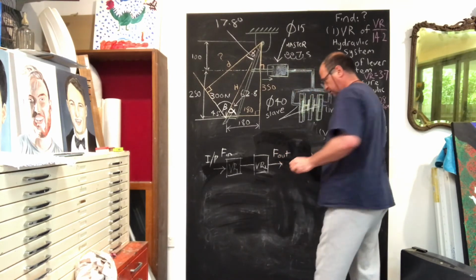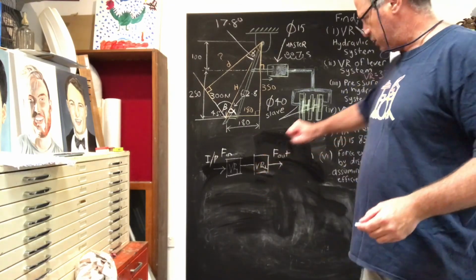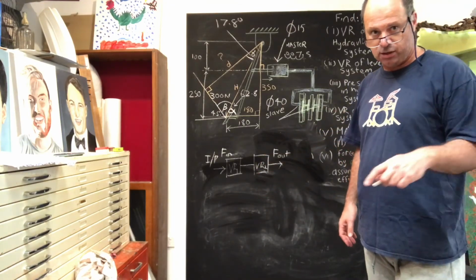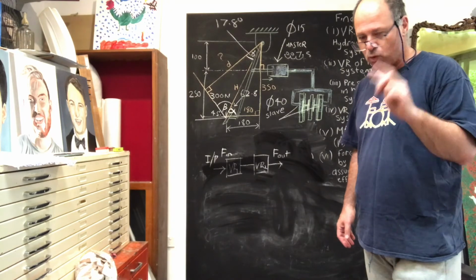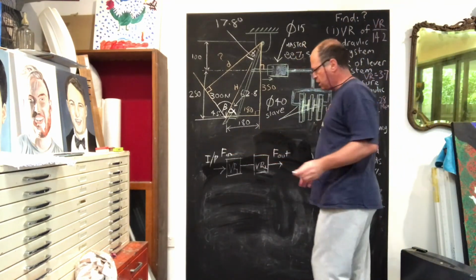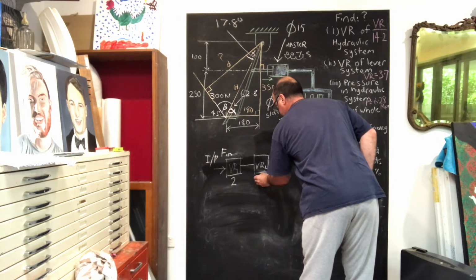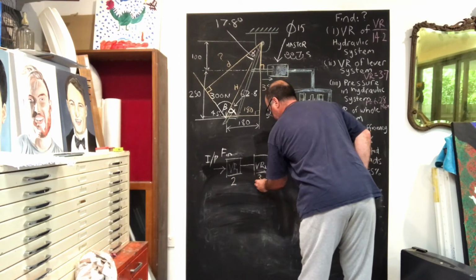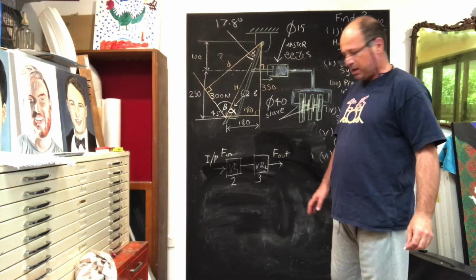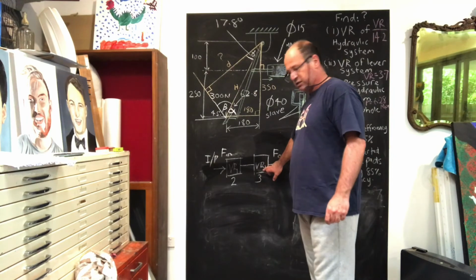Now, when I first looked at this, I was very, very tempted just to add them together. And if you did that, you would be wrong. And the reason why is because, let's do a really simple system. If this has a velocity ratio of 2, and this has a velocity ratio of 3, what that means is this multiplies the force in by 2, and this multiplies the force in by 3.